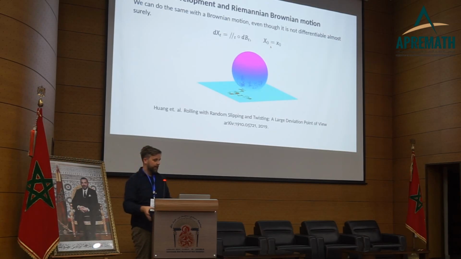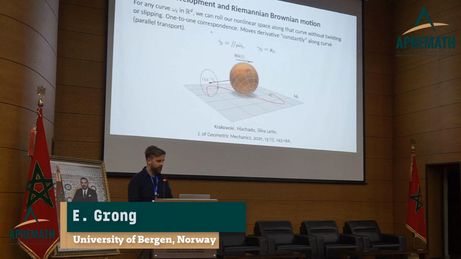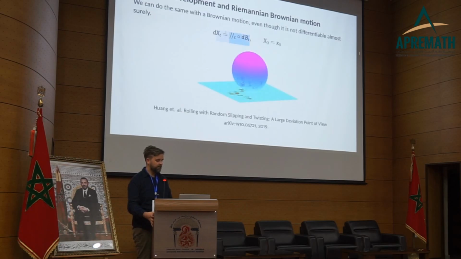So even though this works as long as I have a derivative, this integral we can actually make sense of and have a way of rolling our manifold along the Brownian motion, even though it's not differentiable almost everywhere, because we're using the probabilistic properties of stochastic integrals.